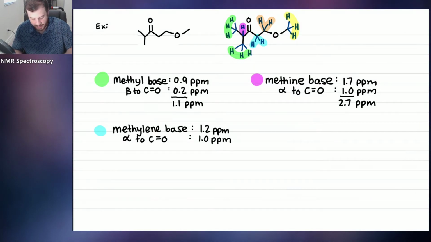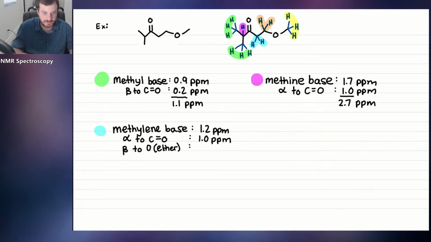Any other modifiers for this blue group? Yes, it's beta to the oxygen of an ether. It has a beta modifier. It's not alpha, but if the oxygen were here, it would be alpha, but the oxygen's 2 away, so that's beta.